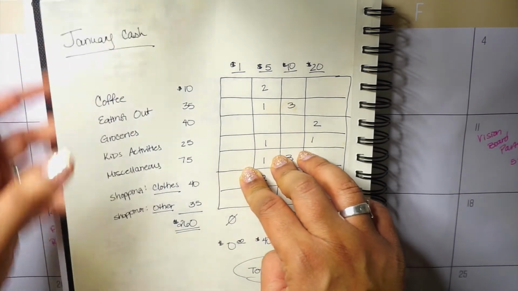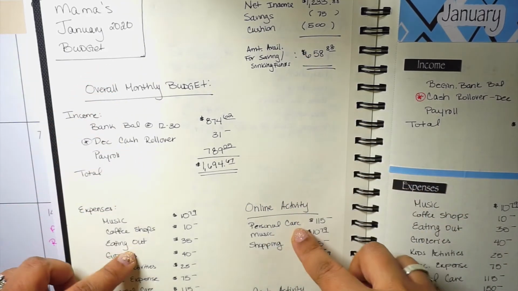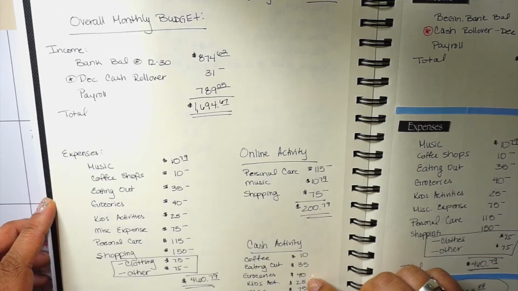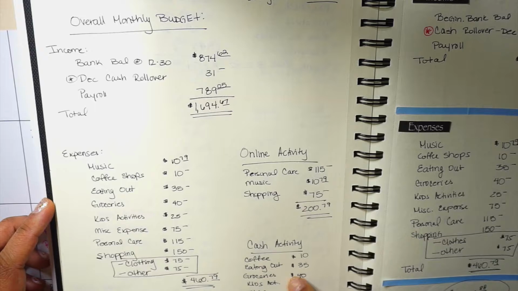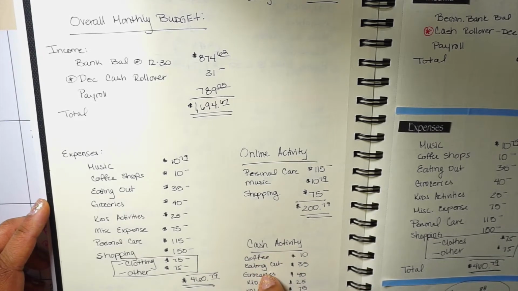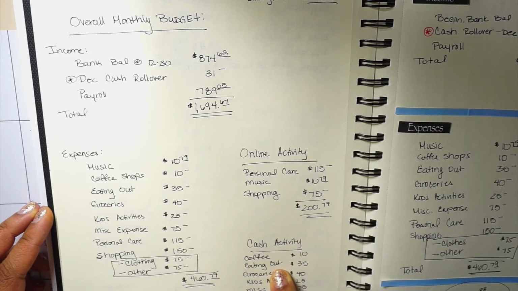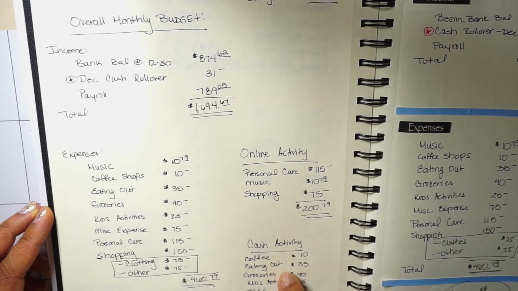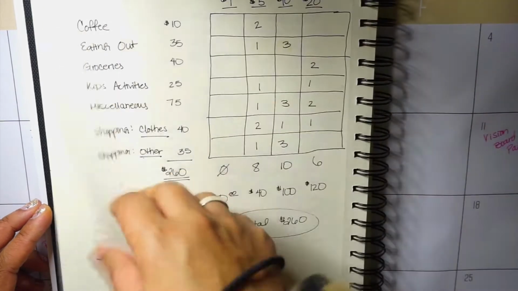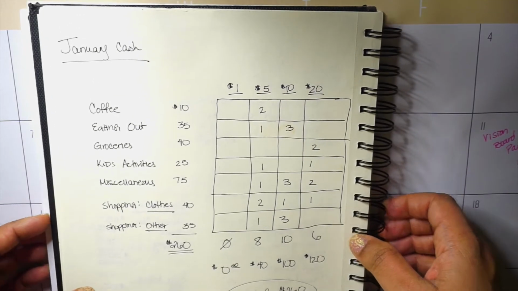In my last video, we went through and created my January budget. There was a category down here called cash activities, where I detailed out what line items from my budget are going to be cash transactions for the month. Once I do this, I create a table.